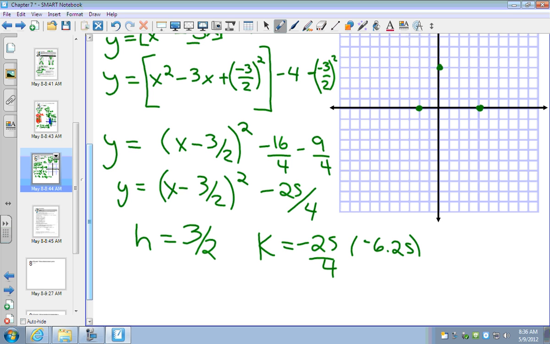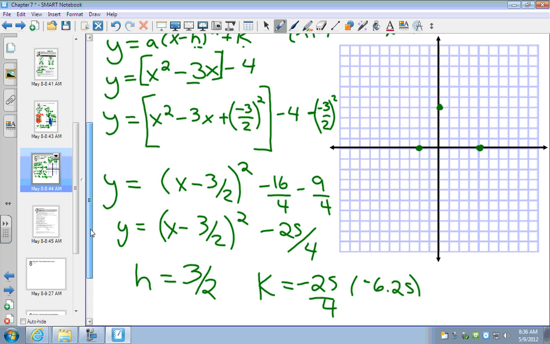Okay, so that is our vertex. So we're going to put our vertex on here. It's going to be at x equals 3 halves, which is about here. And then we have negative 6.25: 4, 5, 6 and a quarter. So that is our vertex, x and y.